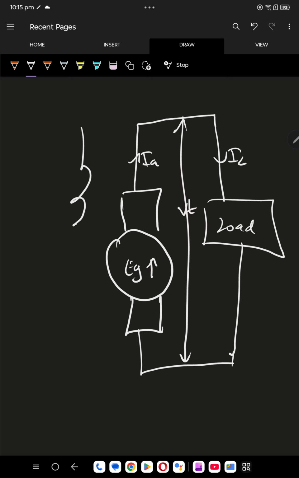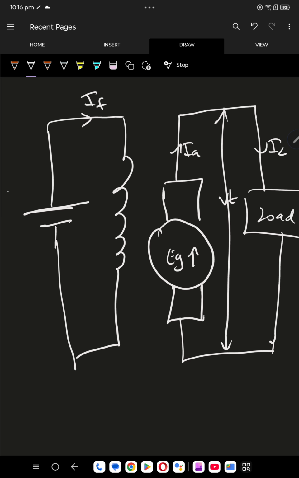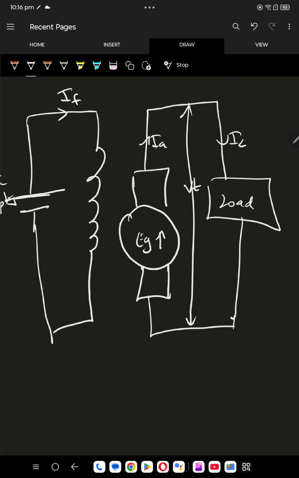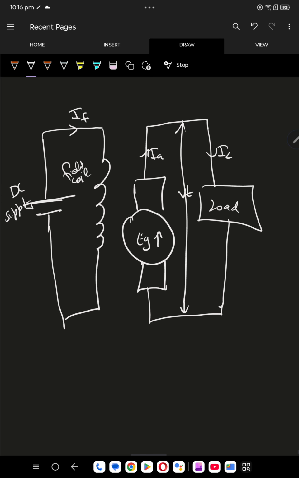So the field coil here is going to come like this, and this is going to be the battery. This is going to be IF. This is going to be the DC supply. Labeling is done. This is the field coil. Okay, so this is the diagram.